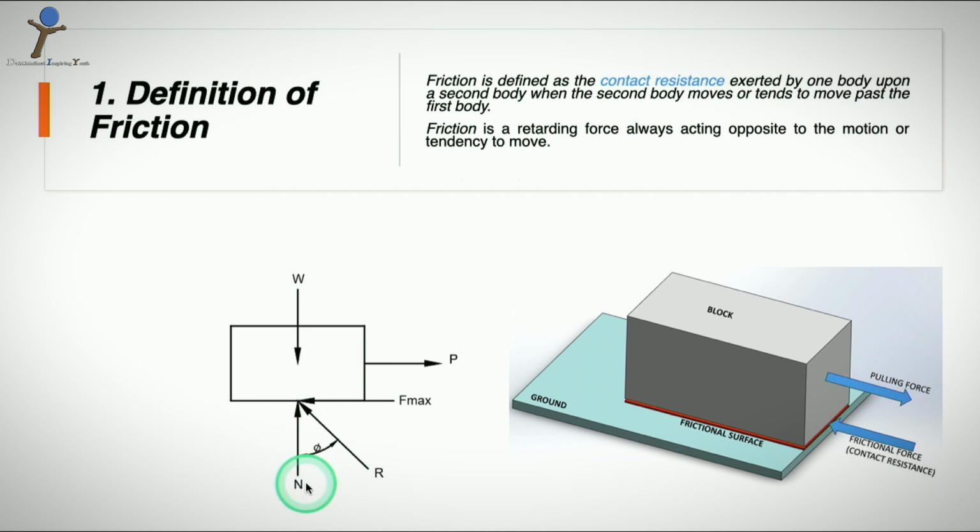Now, N is the normal reaction occurred by the ground onto the body, and this vector is opposite to the weight W. Now, if P is the pulling force that is exerted on the body, then F is the frictional resistance force that acts opposite to the pulling force P. Now, let R be the resultant vector of N and F, which is subjected at an angle of phi.